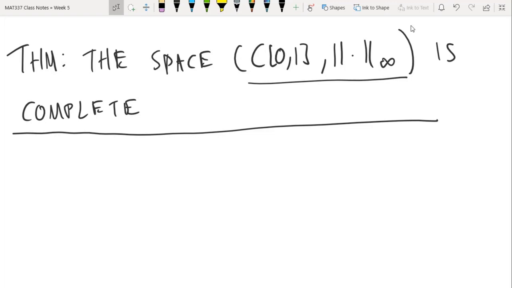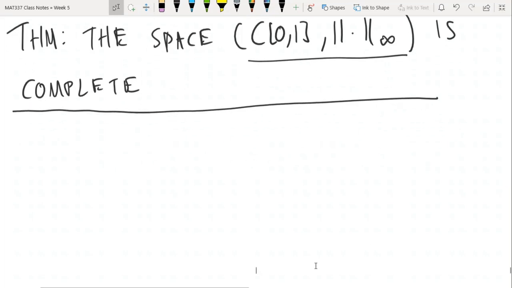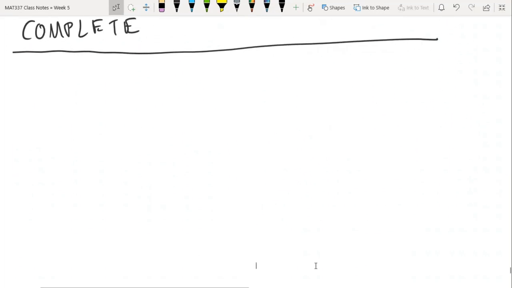Anything? Yes, thank you. Is it important that we're working with these continuous functions on compact intervals? Right, thank you. I'll probably put it in the notes, but there are things that you lose when you don't have compact.